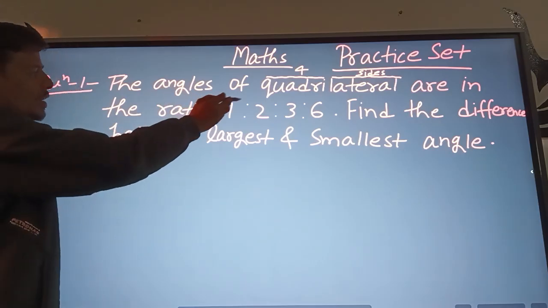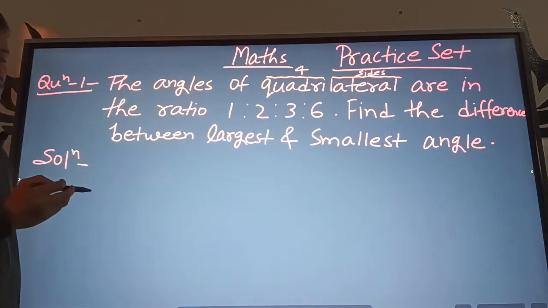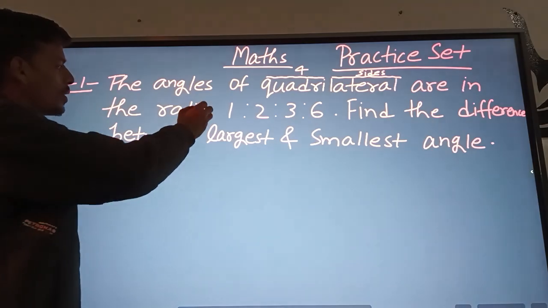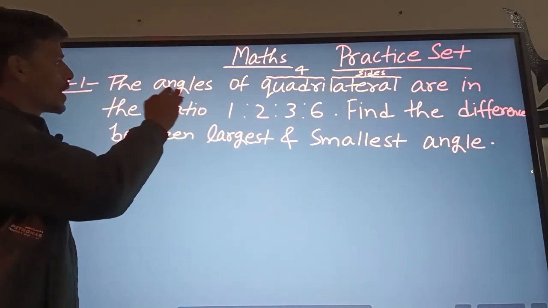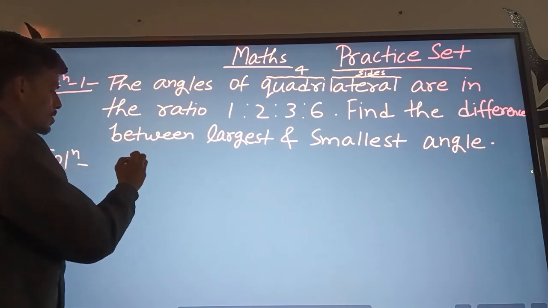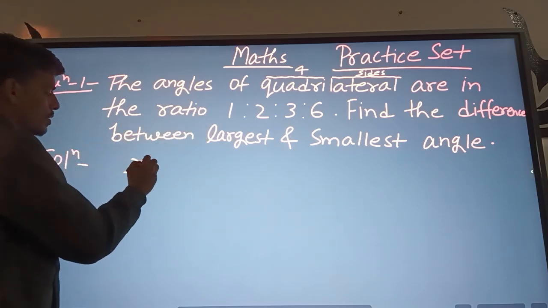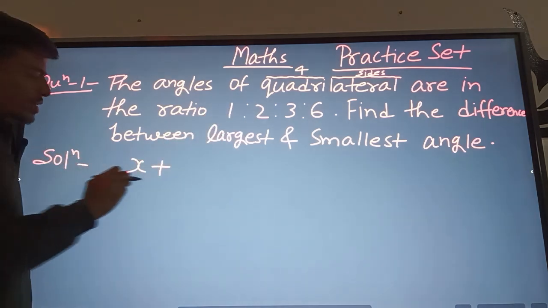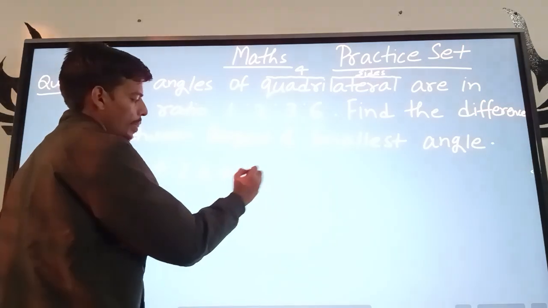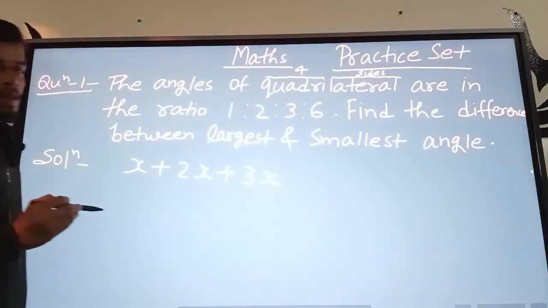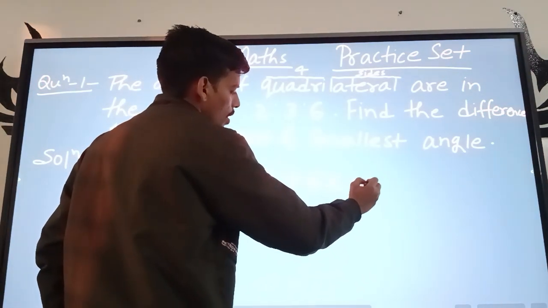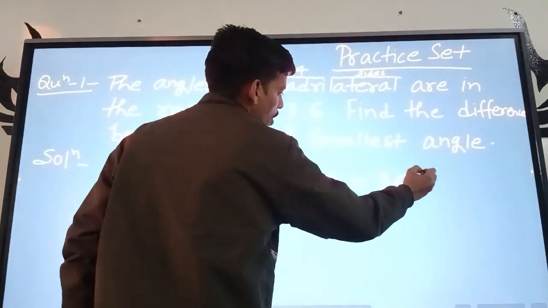The angles of the quadrilateral are in the ratio 1, 2, 3, 6. We know that the sum of the angles of a quadrilateral is 360 degrees. So x plus second angle 2x plus third angle 3x, and our last angle 6x, is equal to 360 degrees.